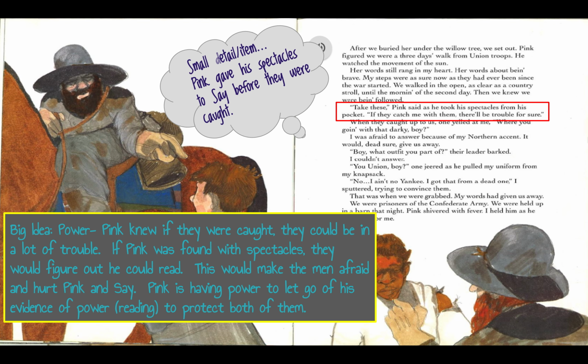Pink knew that if they were caught, they could be in a lot of trouble. If Pink was found with spectacles, they would figure out he could read. This would make the men afraid and hurt Pink and Say. Pink is having the power to let go of his evidence of his own power, his ability to read, and he does that to protect both of them.